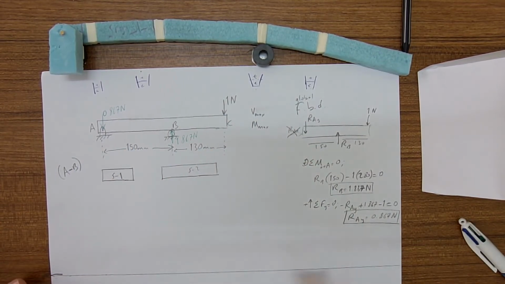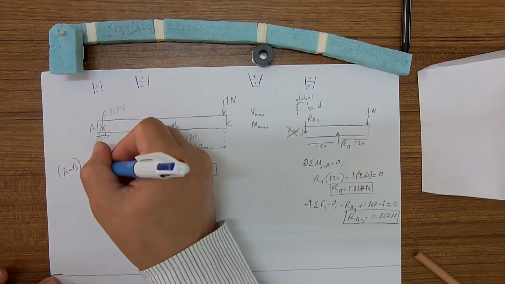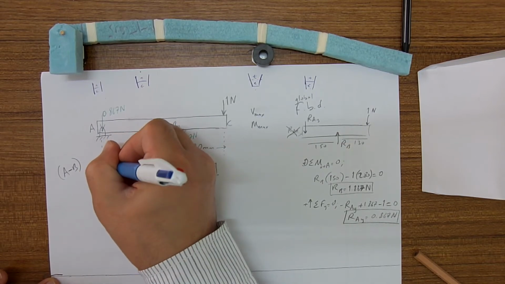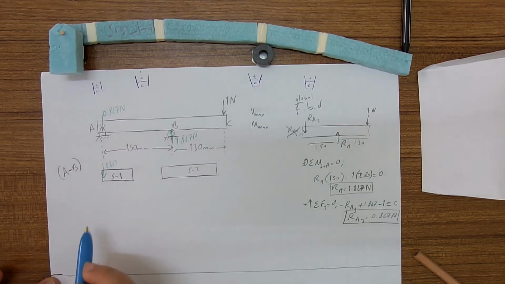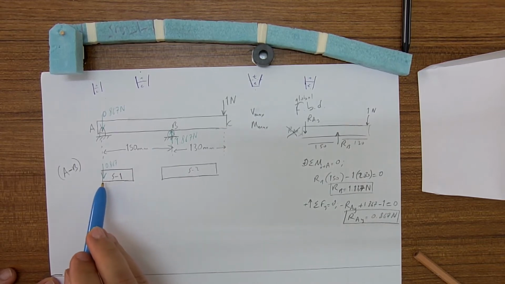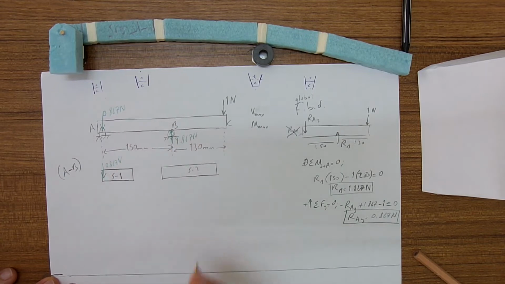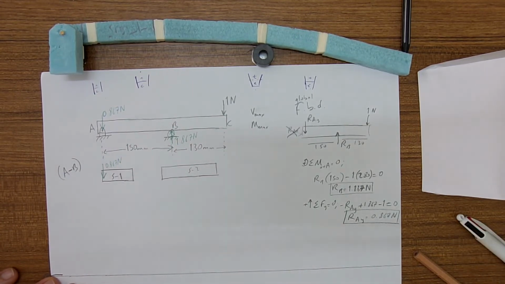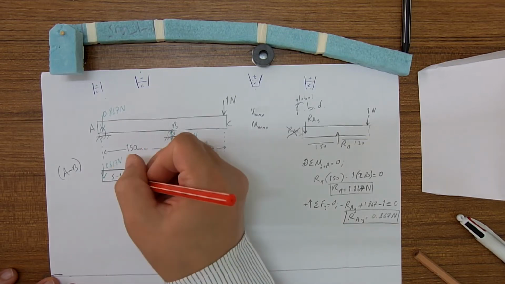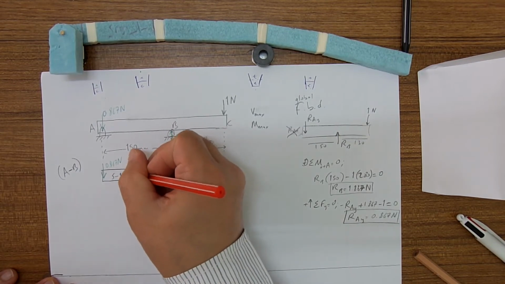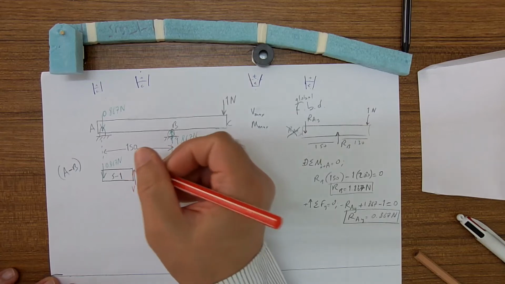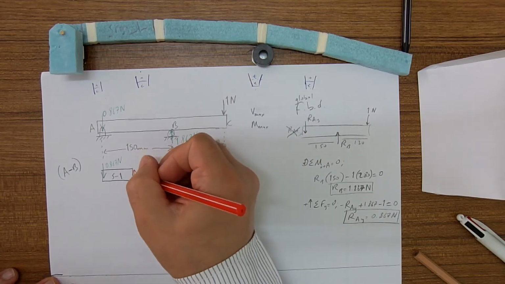I can continue working on the segments. On the segment here, the only external load is 0.867 Newton, and the internal loadings here, one will be V in this direction, the other will be a moment.